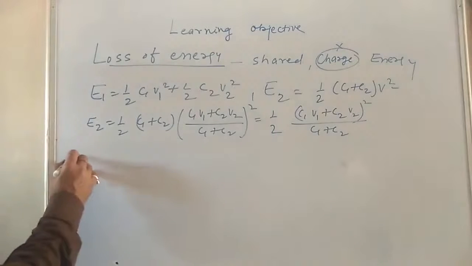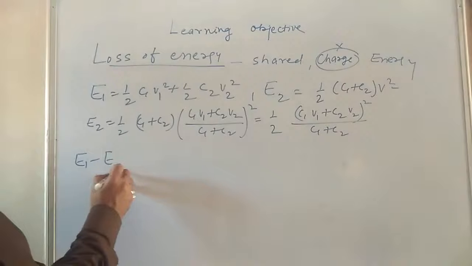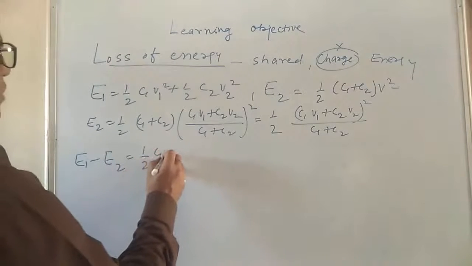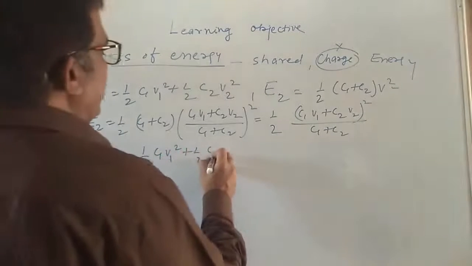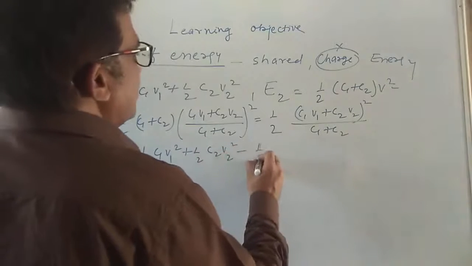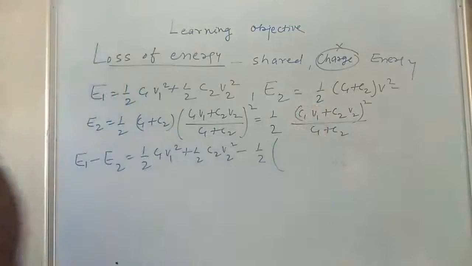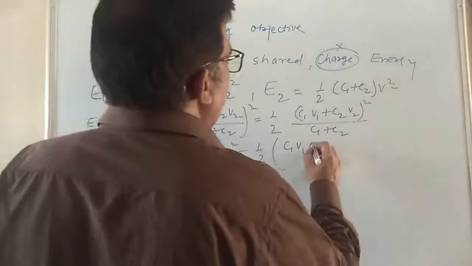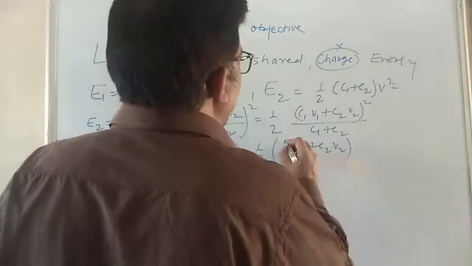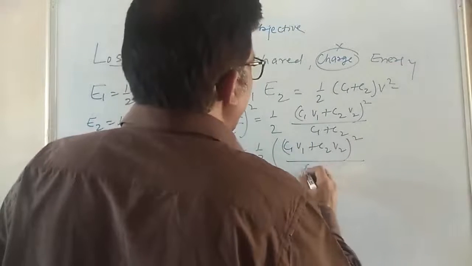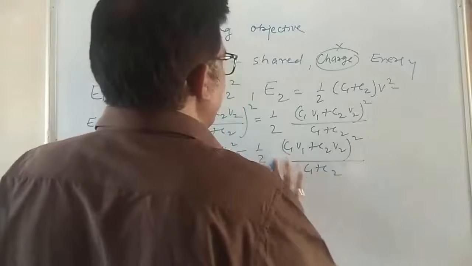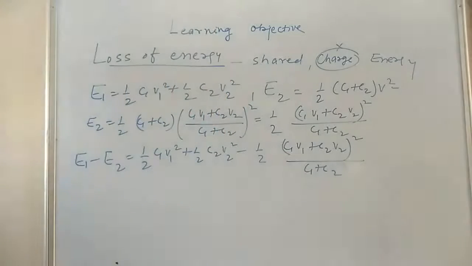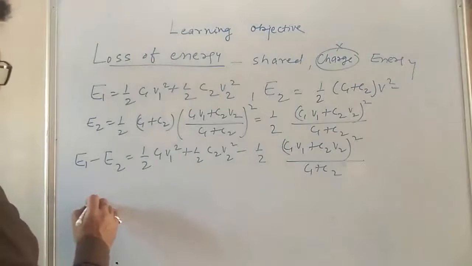So let us calculate E1 minus E2. E1 is 1 by 2 C1 V1 square plus 1 by 2 C2 V2 square minus 1 by 2 E2, that is (C1 V1 plus C2 V2) whole square divided by C1 plus C2. Now, take the LCM here.